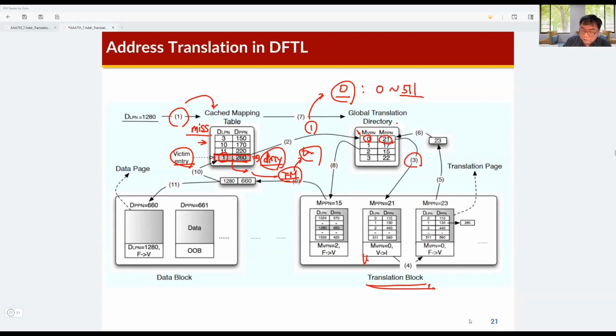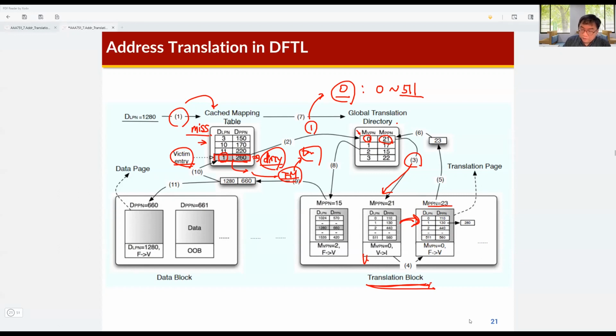So we can access it here. But this information should be updated to this target translation block. In-place write is not possible in flash memory, so we just update this block, and then this block is written to a new translation block.